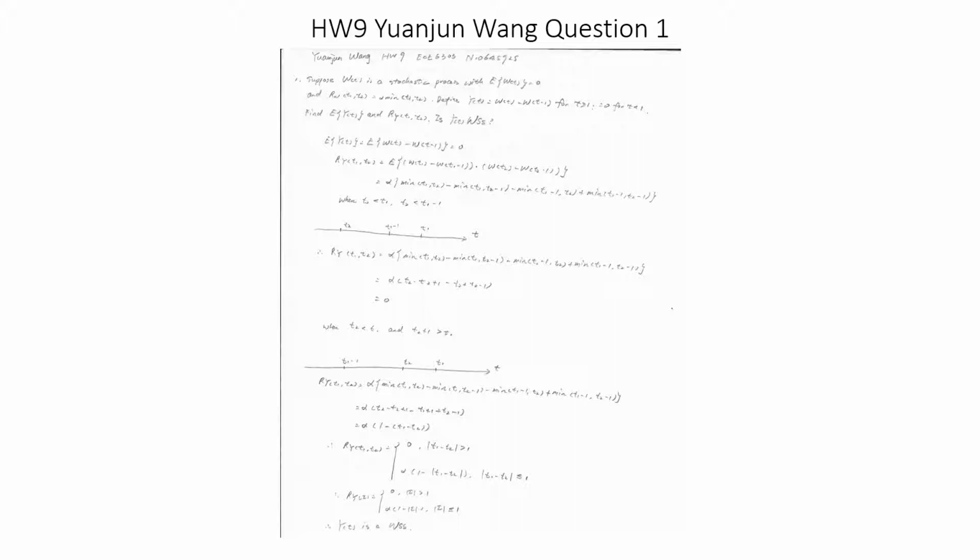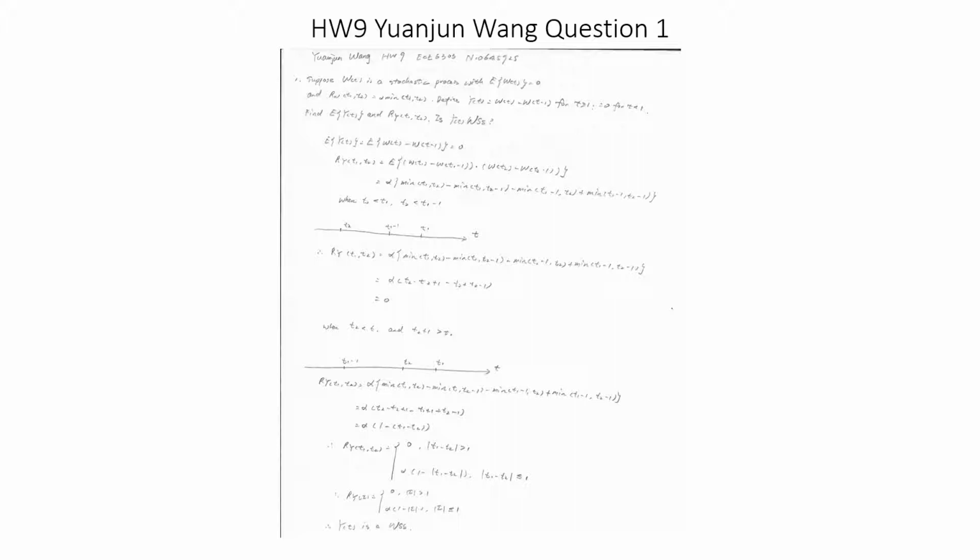It's going to be equal to alpha times t2 minus t2 plus 1 minus t1 plus 1 plus t2 minus 1. We get rid of the terms that cancel out, and then it's equal to alpha times (1 minus (t1 minus t2)).